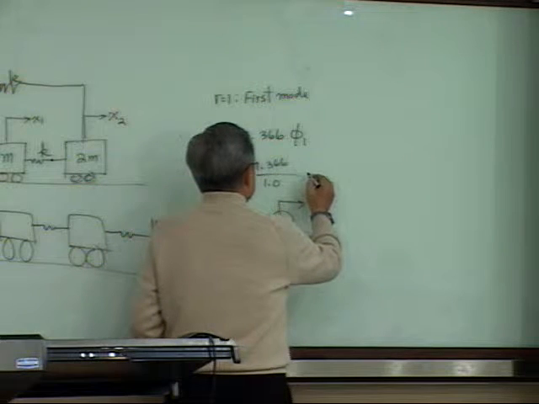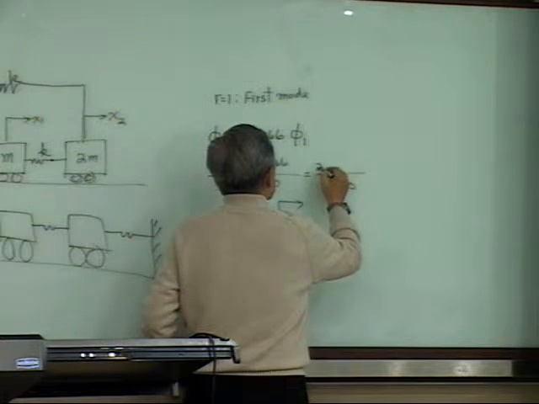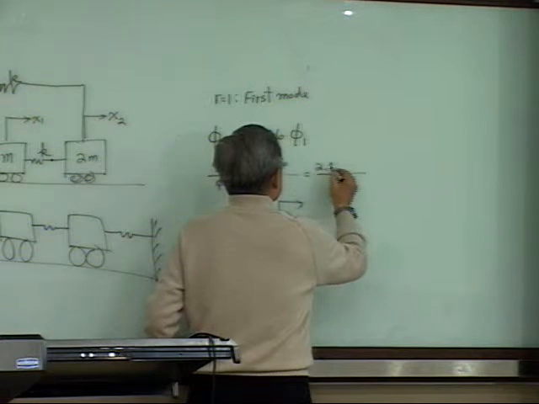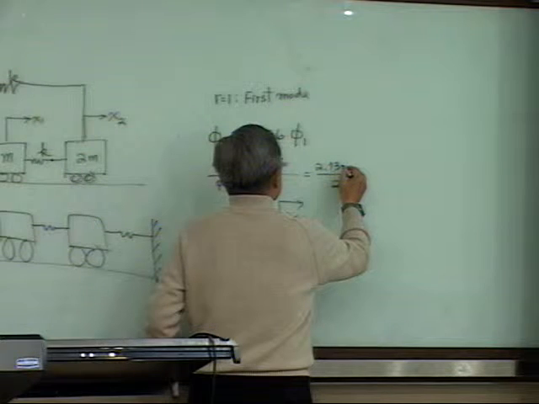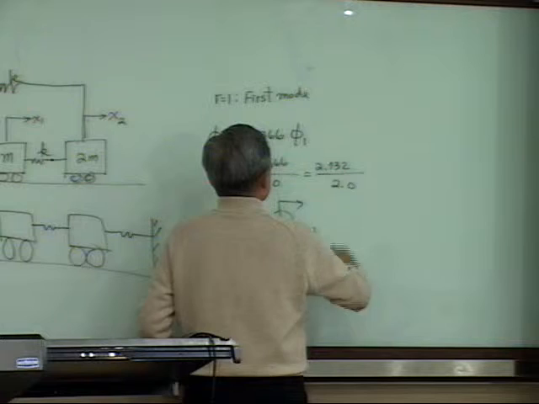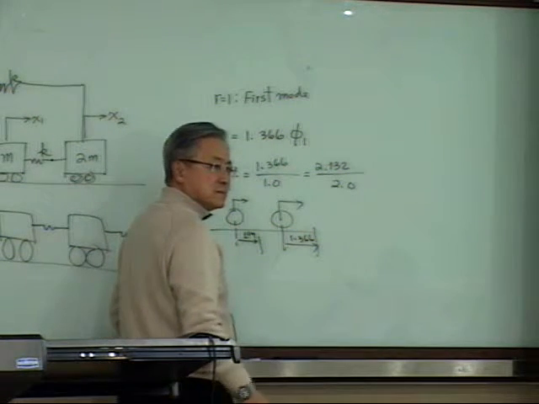Or I can multiply by 2, so 2.0 and 2.732, correct?